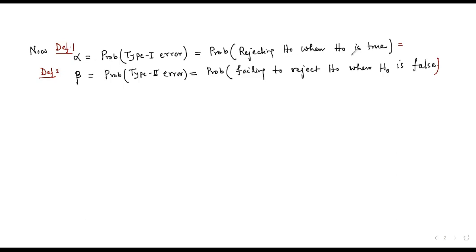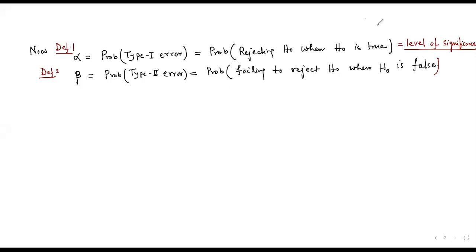Such a probability, alpha, is called level of significance. In the problem, we have used the word level of significance several times. Level of significance is the probability of committing the type 1 error.